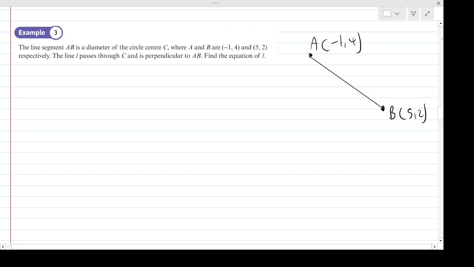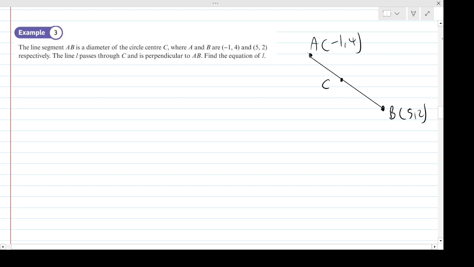Now, AB again is the diameter of a circle. So the centre is going to be the midpoint again, okay? Now, I don't know what the centre is, so I'm going to just call it M for midpoint. No, C, right? I could call it C or M, it doesn't really matter. C is the centre, but I could call it the midpoint, either or. Okay, so the midpoint is there in the middle.